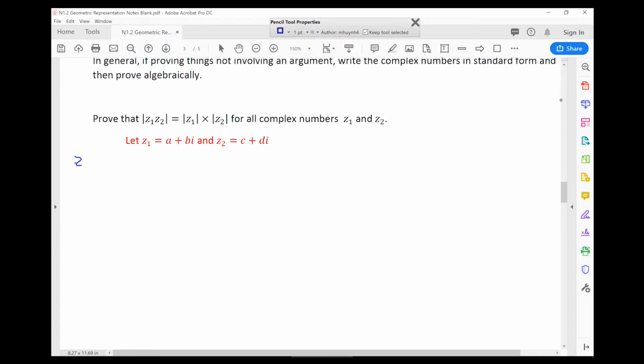The first thing, let's find Z1 times Z2 first. We'll just expand and then put the real and imaginary bits together again, as usual.